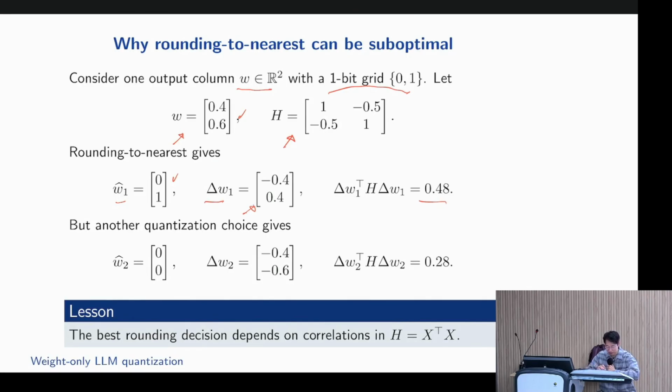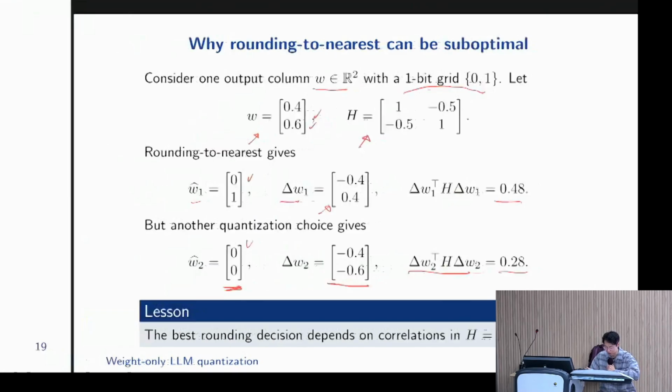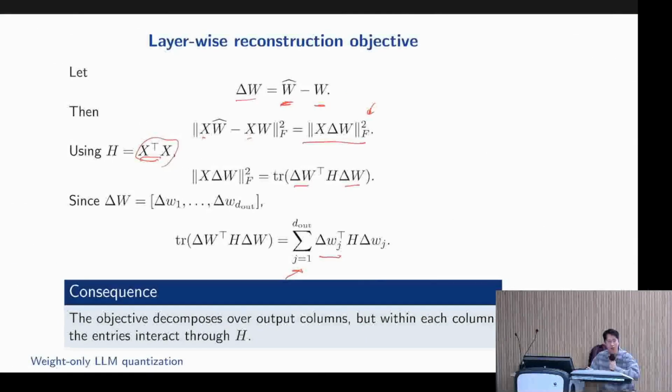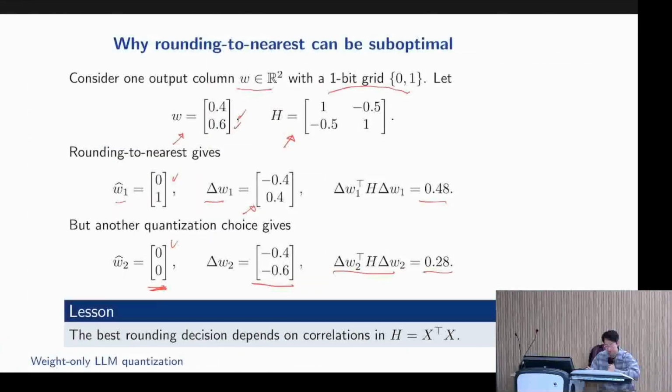How about if we use some other quantization and put everything to 0? If we dequantize it and the output is all zeros, then delta is this guy minus this guy, so negative 0.4, negative 0.6. Compute the objective, that's 0.24. So our objective is actually smaller compared to rounding to nearest.